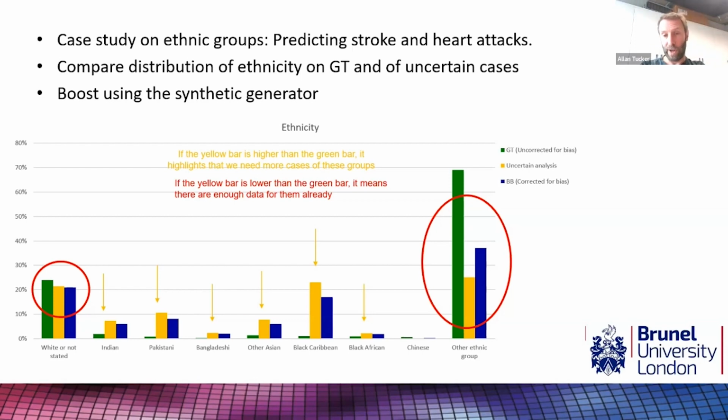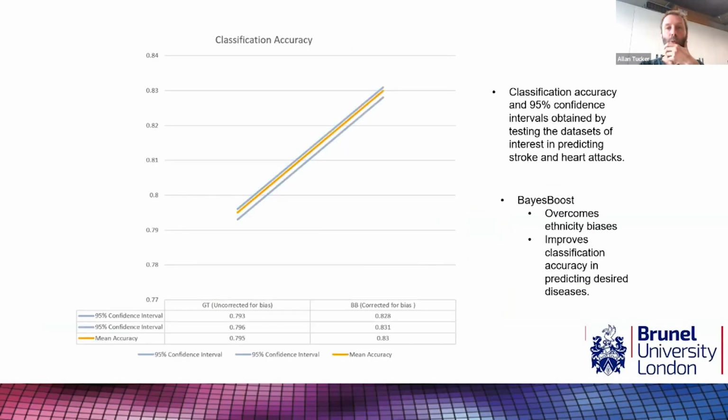But what we do find is when we do that, we do get, sometimes in those individual subgroups, dramatic improvements in performance. So here you can see a jump from 0.795, I think, to 0.83 in accuracy. So it's sometimes really quite a dramatic improvement because we're identifying those difficult, underrepresented cases.